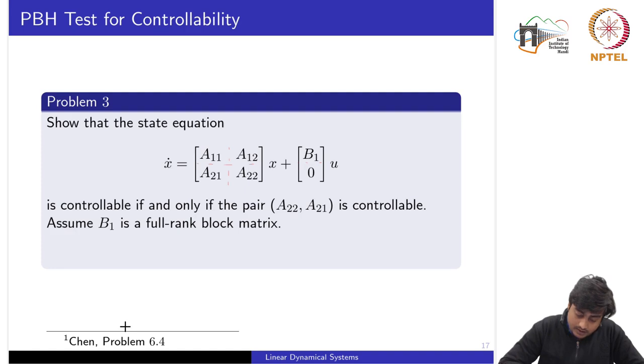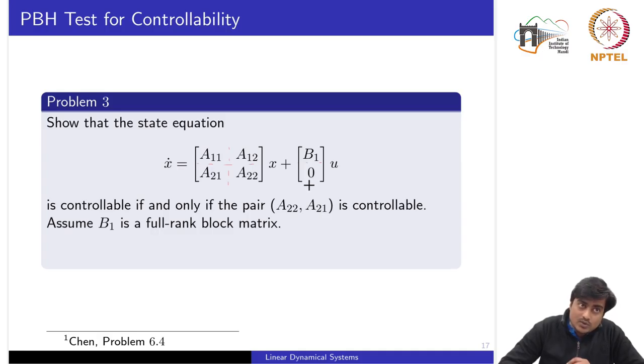So one point we need to recall here, that whenever we had discussed about the controllability, if we want to visualize that controllability, our A matrix is the state matrix and B matrix is the control distribution matrix. But if we want to compute just the rank of the controllability matrix, they are just a pair, AB pair. Now, both these block matrices A22, A21, or any of the elements of this pair, do not belong to the control distribution matrix.